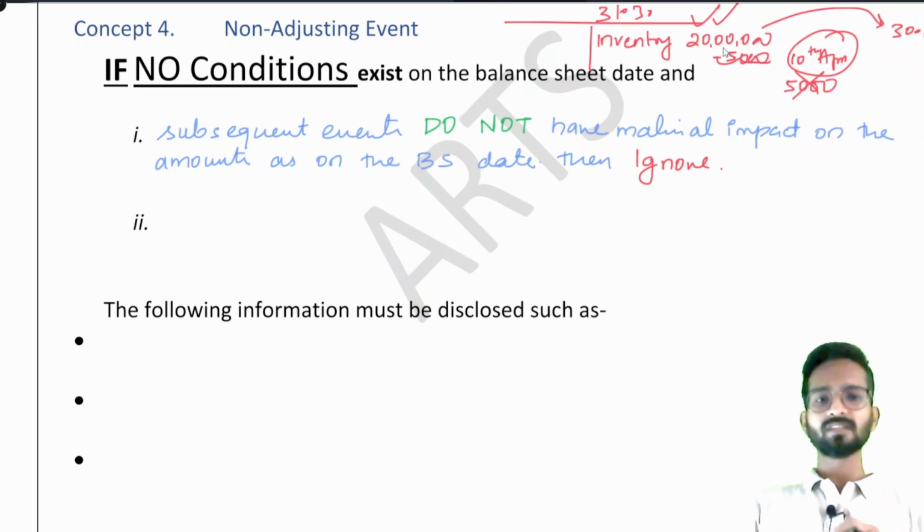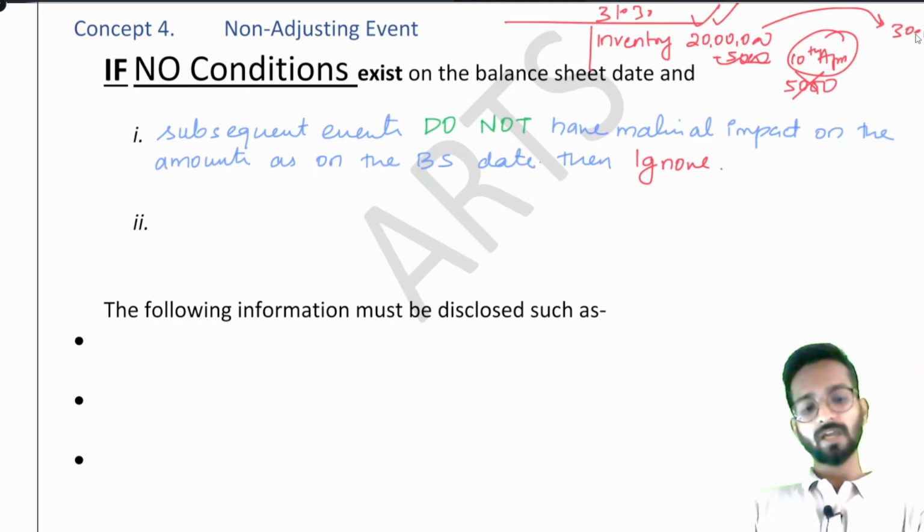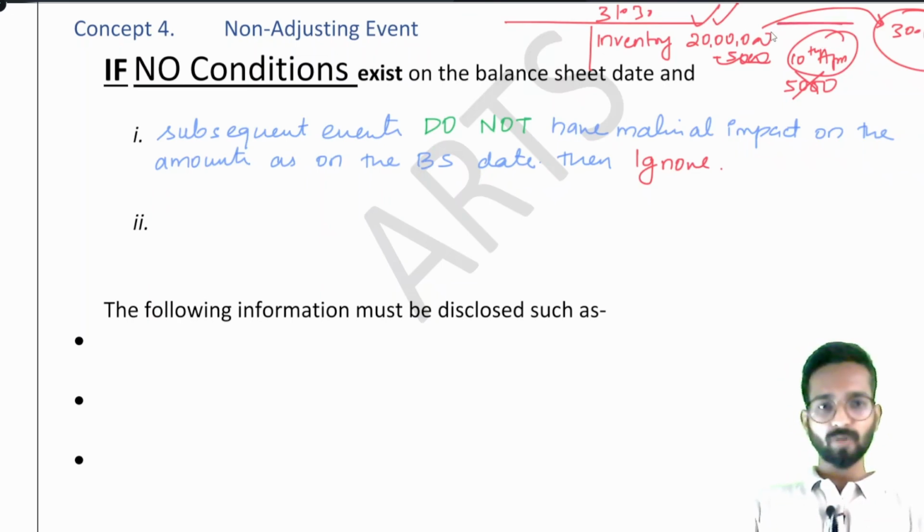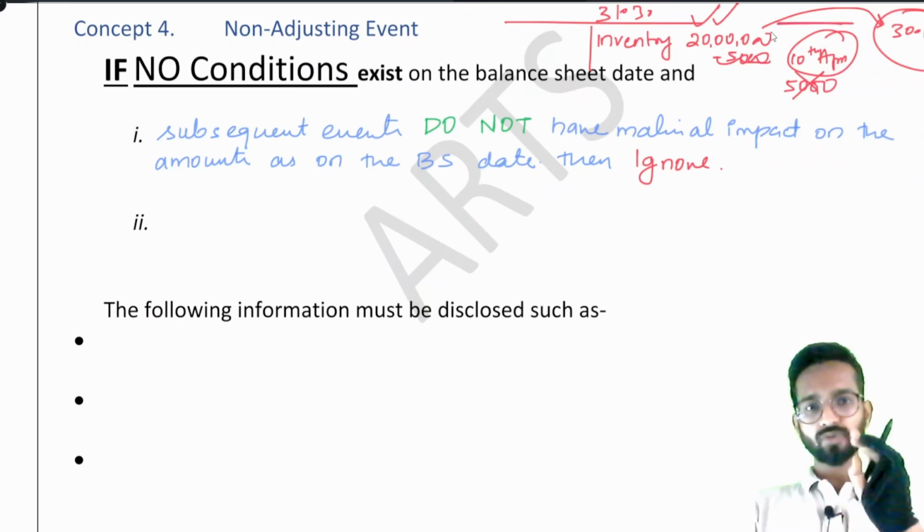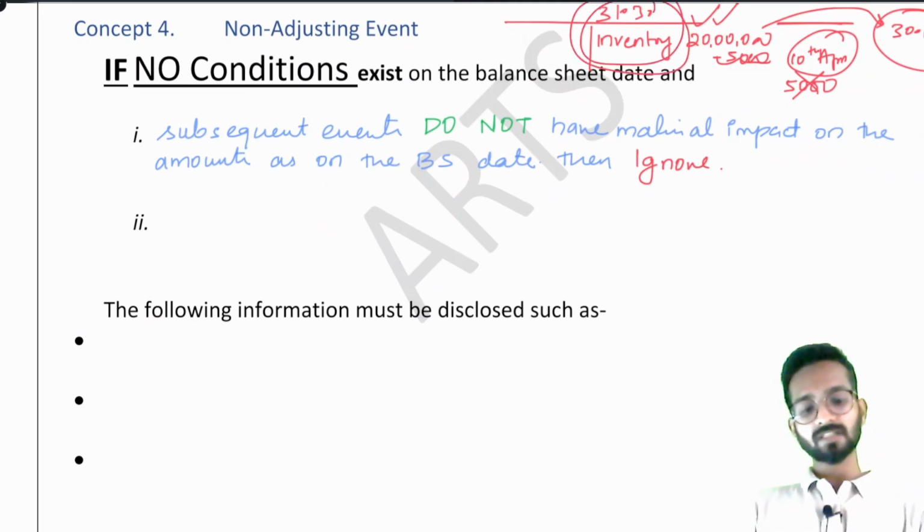These small incidents happen in the factory. Now and then it will happen, once in a month or might be once in 6 months. So this can happen. These are not that material that you have to tell your shareholders about that. Obviously you will tell that in the next year. In the next year you will write in your profit and loss account that there was a loss due to fire. That is okay. But there is no need of change in the financial statement of the 31st March, the year which has already gone.